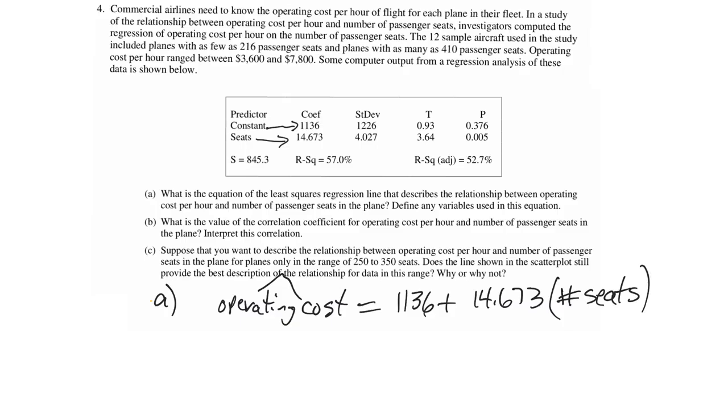Now, if you write this as y hat and x, you must define the variables. You must define that x means the number of seats and y means the operating cost. If you don't do that, that's going to be a problem for you on the AP, and really a problem if you're writing a scientific report, where you want to make sure you're writing in context.